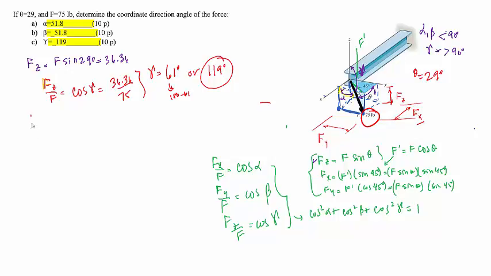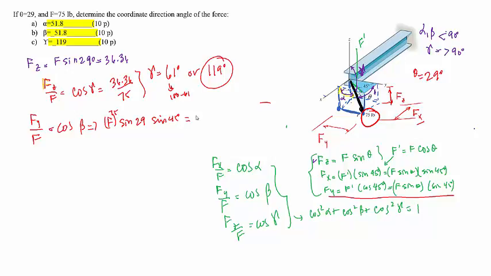Then Fy over F is the cosine of beta. I need to calculate Fy, and I have to calculate F prime. So I have F sine of 29 times sine of 45 degrees, and F is 75.